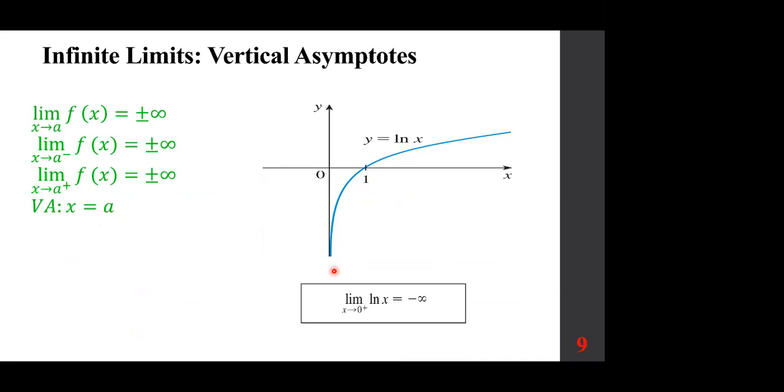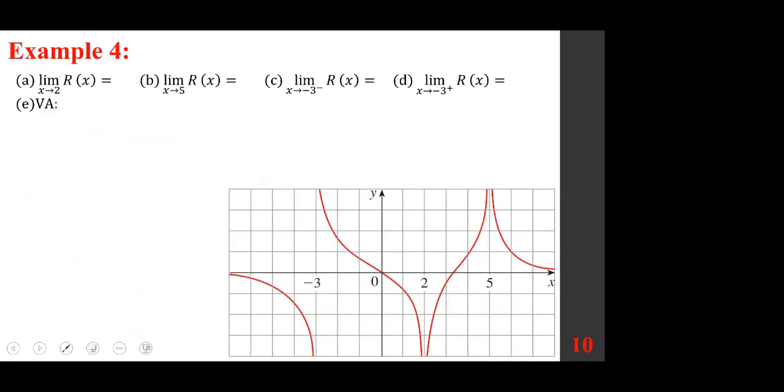let's look at this case. We are looking at the limit of this function as x approaches 2. So I hope you realize whether we come from the left or right of the 2, in both cases, it goes down to negative infinity.